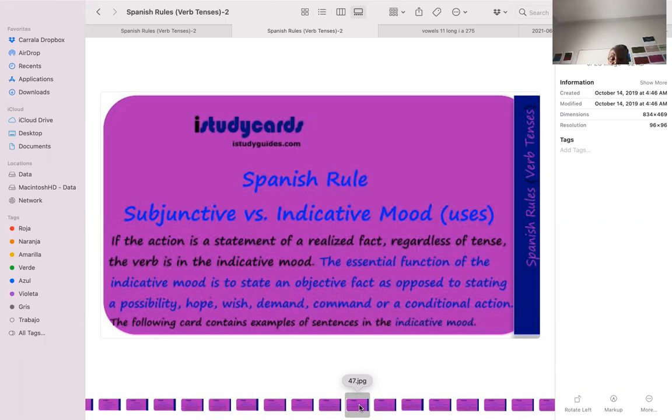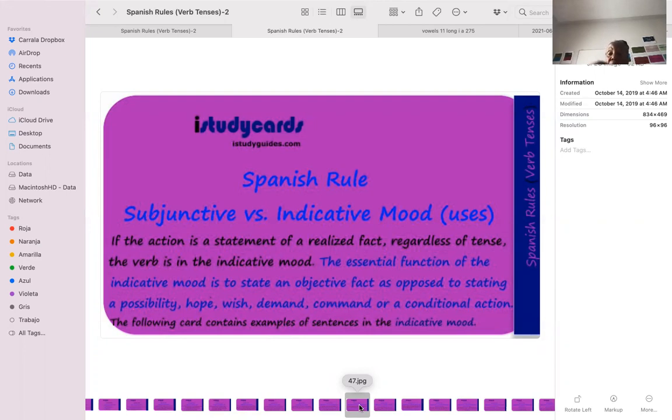If what you are expressing is a realized fact, if it's objective, it is the indicative mood. The essential function of the indicative mood is to state an objective fact, as opposed to stating a possibility, a hope, a wish, a demand, a command, or a conditional action.